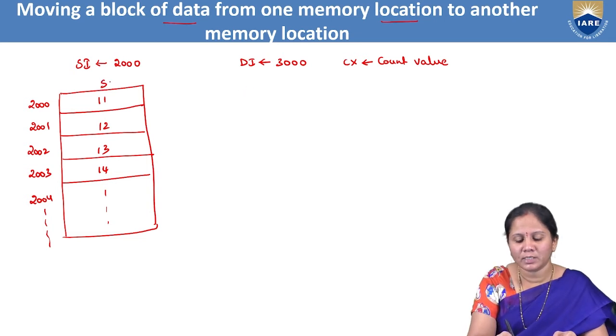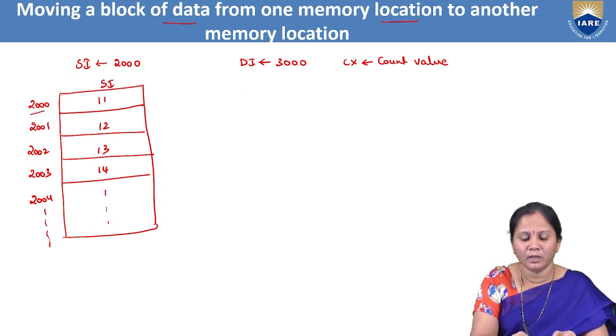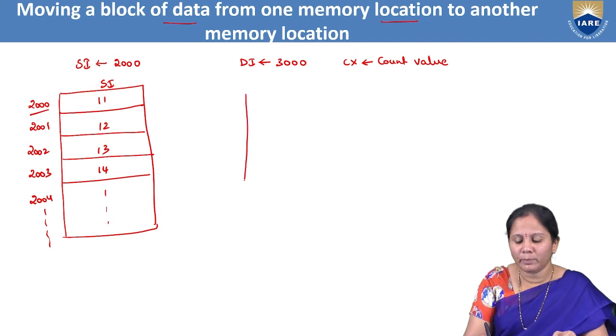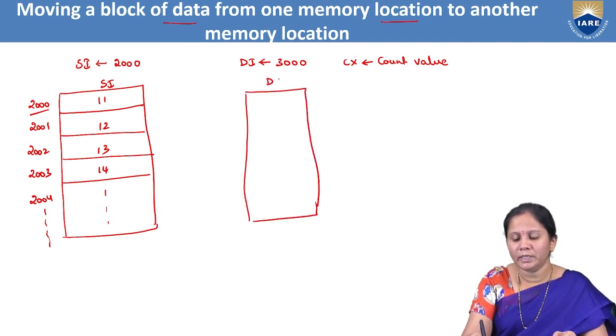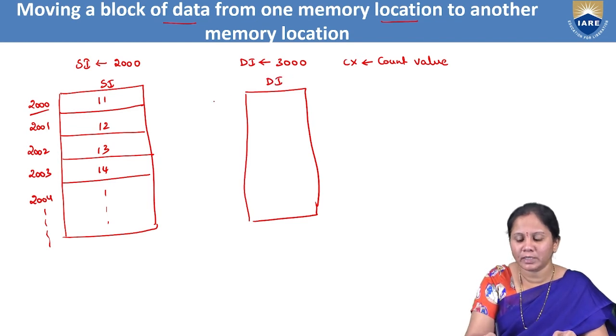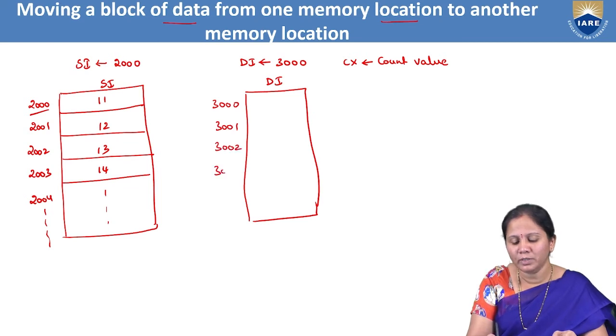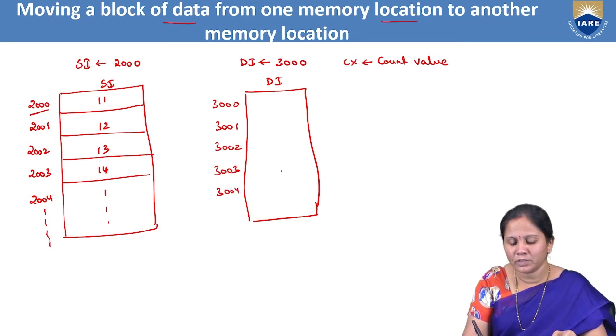So here this is SI. From the location 2000, it will be moved into another location, DI, the destination index, which has been initialized with a value 3000: 3001, 3002, 3003 and 3004 and so on.